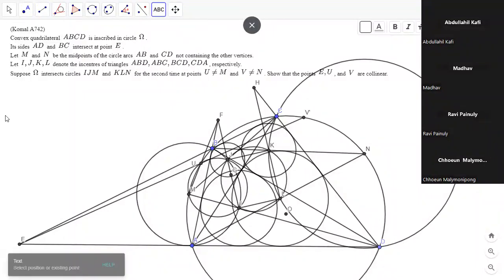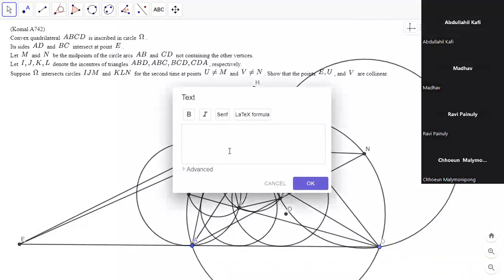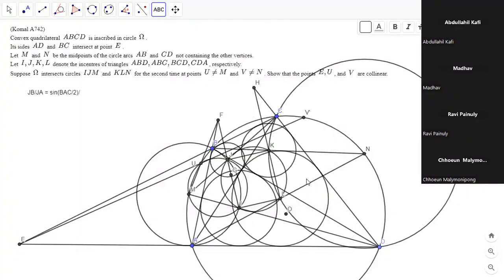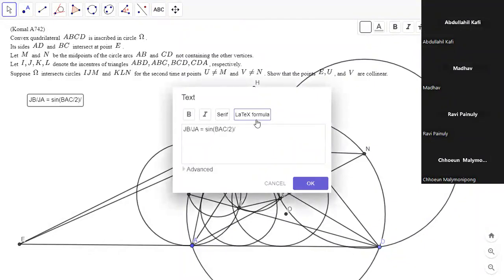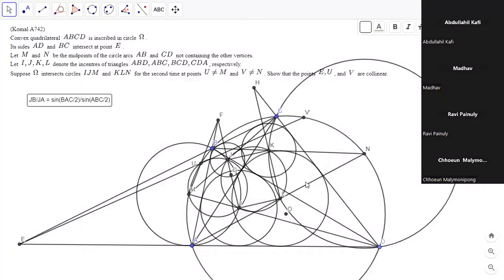I'm just going to write it out here. So JB over JA is equal to sine BAC over 2 over sine ABC over 2. And then IB over IA is something similar.